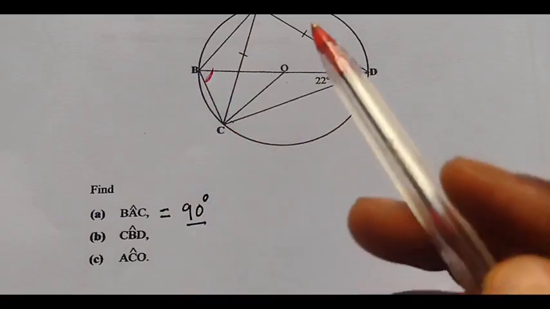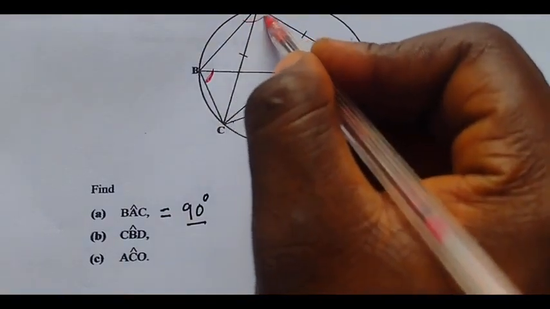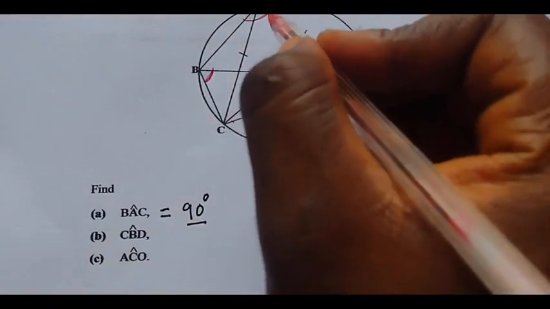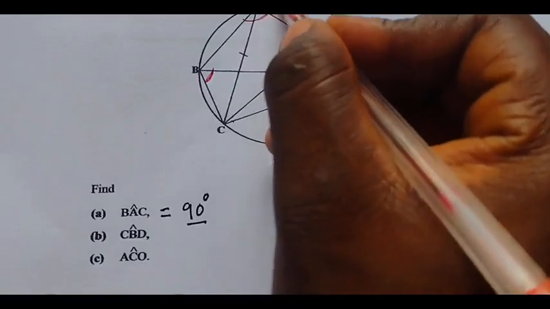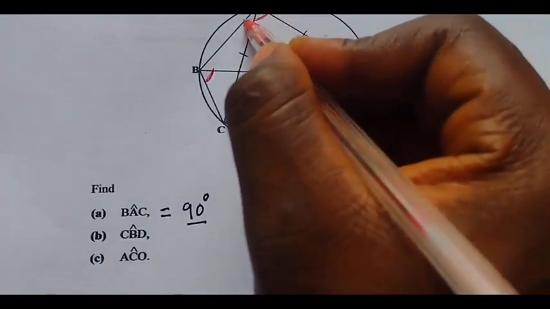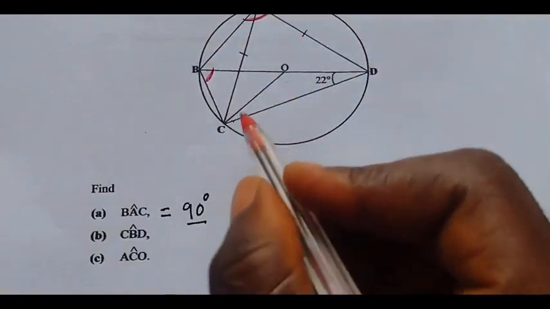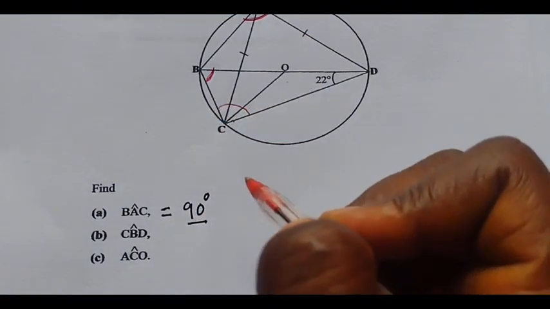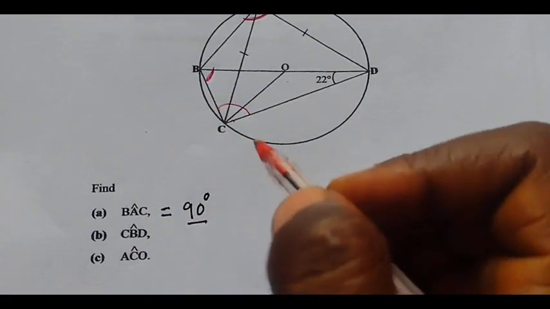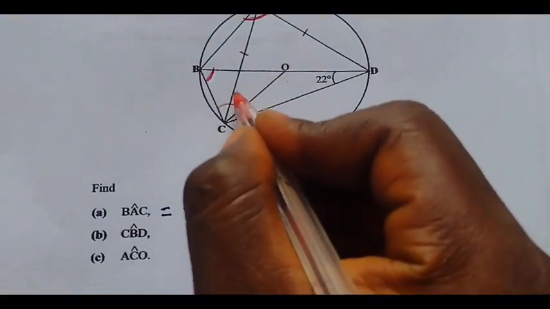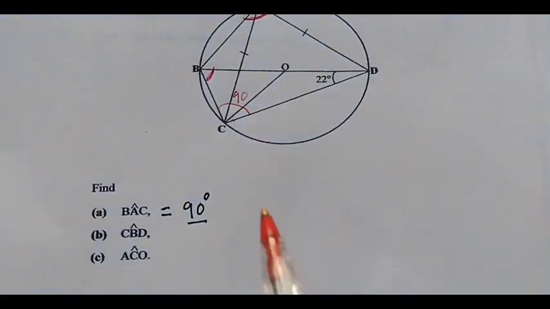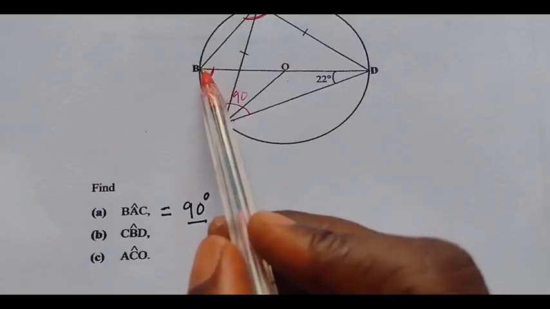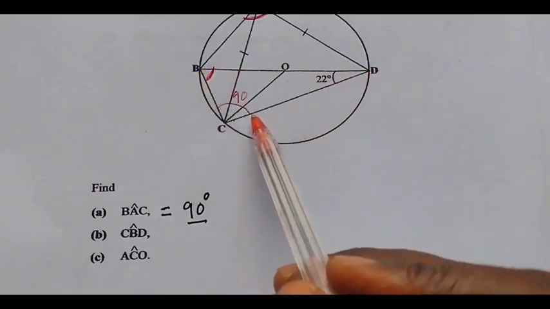If you remember what I said, that here we have 90 degrees, not so? So if we have 90 degrees right here, it simply means that even right here you're going to have 90 degrees. So we're going to treat this as a right angle.